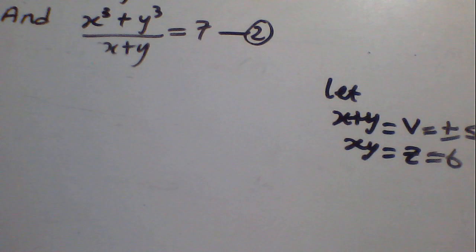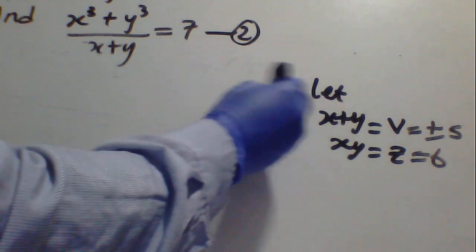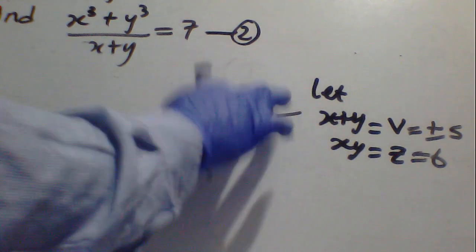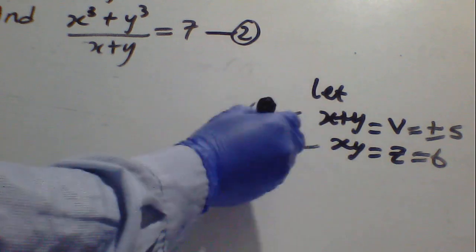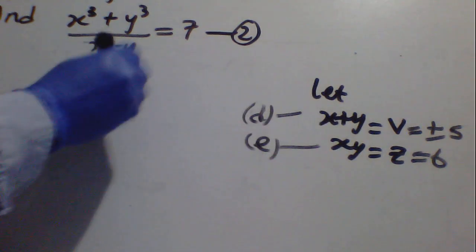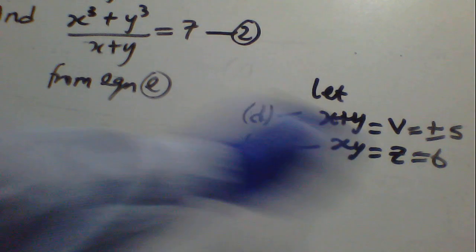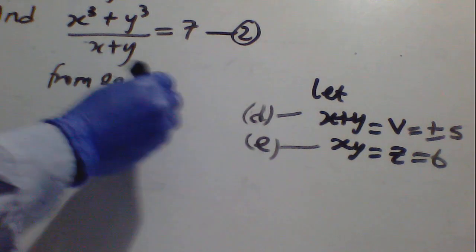So the next thing is, I can call this equation D, and this one equation E. So from equation E, I can make y the subject. So y is equals to 6 over x.